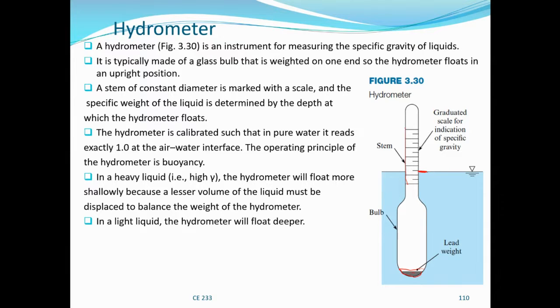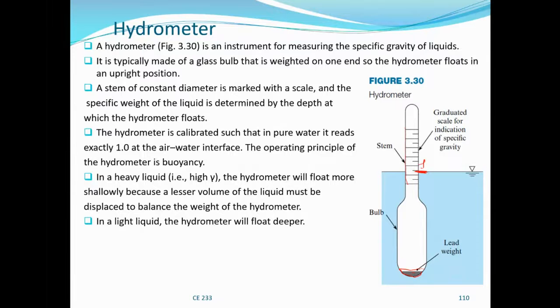The hydrometer is calibrated such that in pure water it reads exactly 1, because the specific gravity of water is 1. The operating principle of the hydrometer is simply buoyancy.